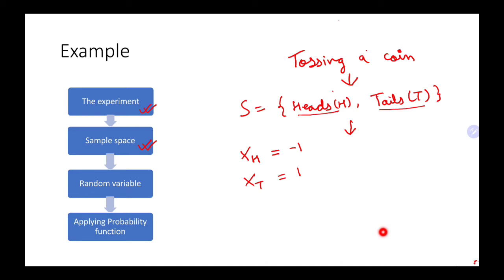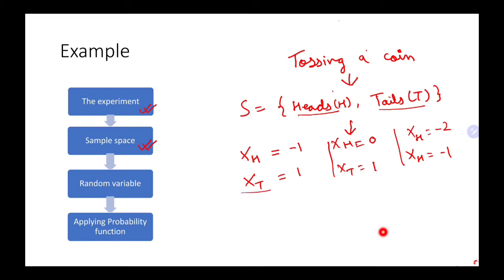Now you can take any value. For example, you can also say xh equals 0, xt equals 1, or you can say xh equals -2 and xt equals -1. You just need to remember that a random variable just takes up the events and assigns a real value.